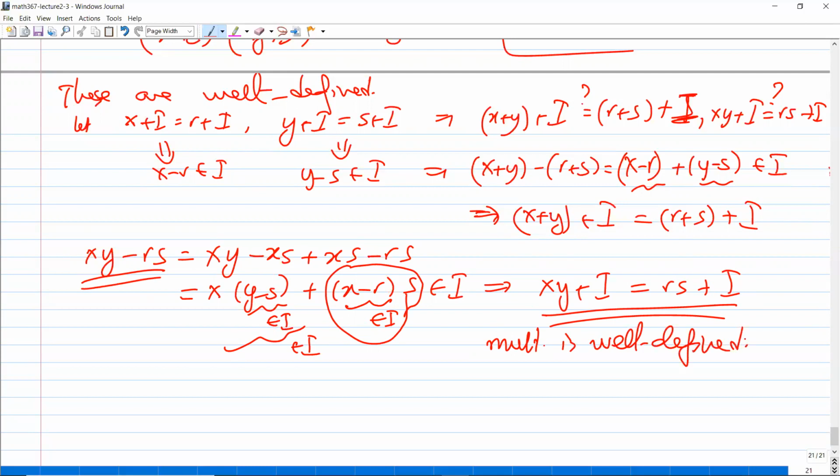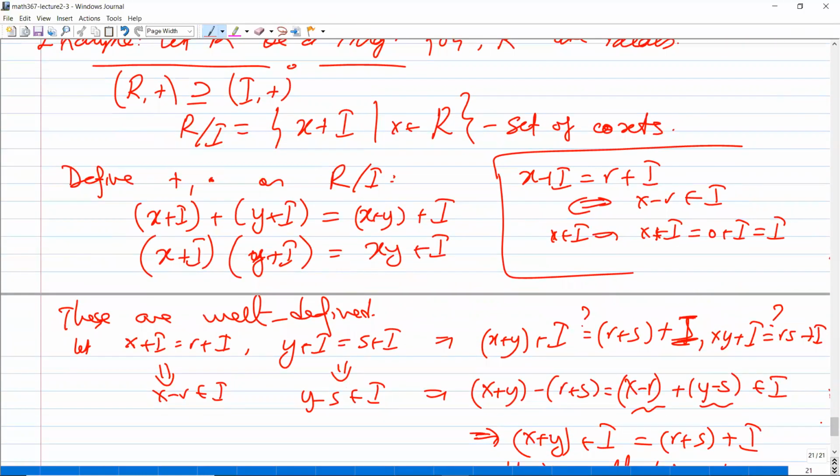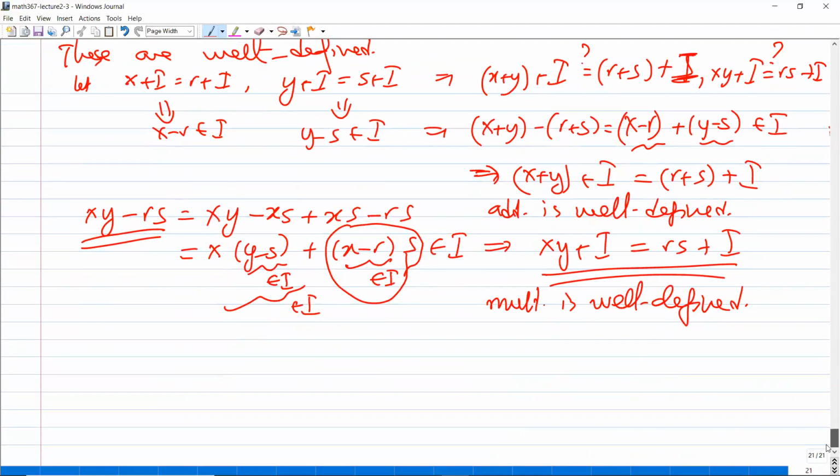So here we showed that addition and multiplication are well defined on our left cosets. I will leave it as an exercise for you to show that R over I with this addition and multiplication is a ring.